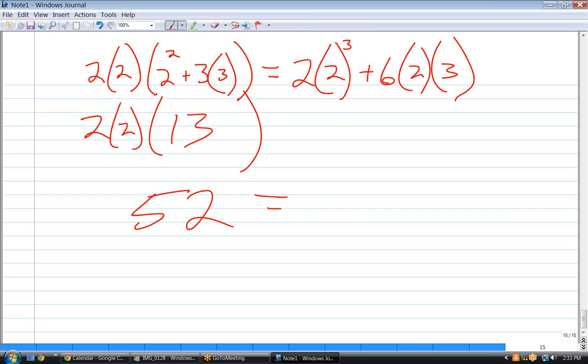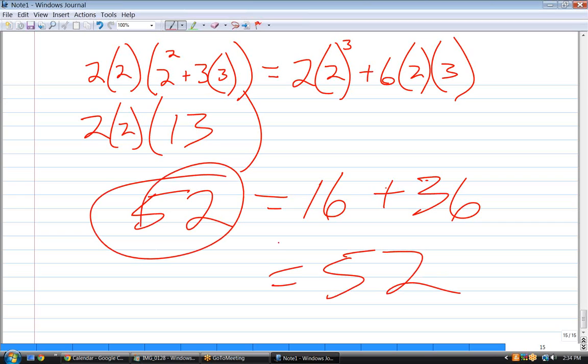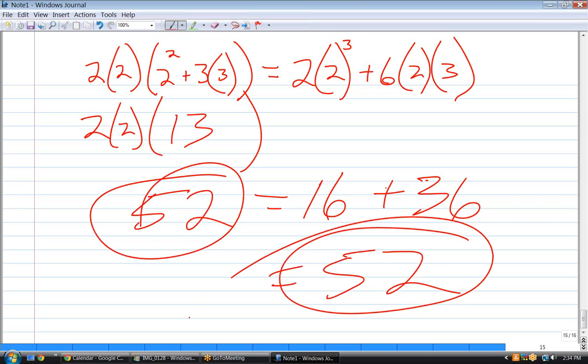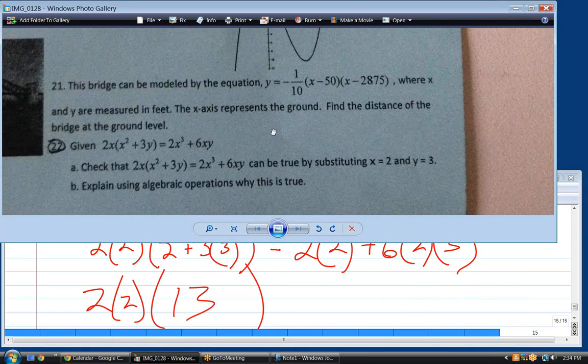Multiply 2 times itself 3 times. 2 times 2 times 2. Not 2 plus 2 plus 2, but 2 times 2 times 2. So this is 16 there, plus 6 times 6, 36, 52. So that equals that. We've verified that we have the identity correct.